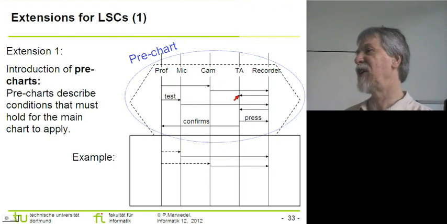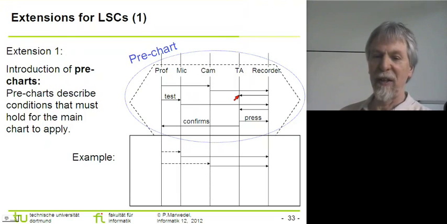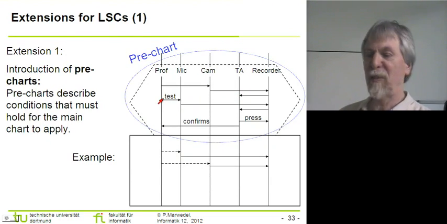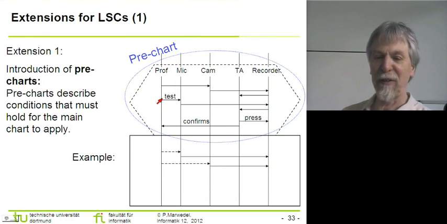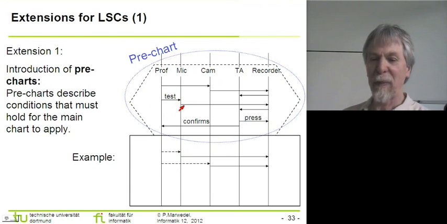video signals are actually expected there at the teaching assistant. And we do the same with checking the audio, so the professor is expected to say a few words into the microphone. This signal gets transmitted to the recorder, and from there hopefully also to the teaching assistant.